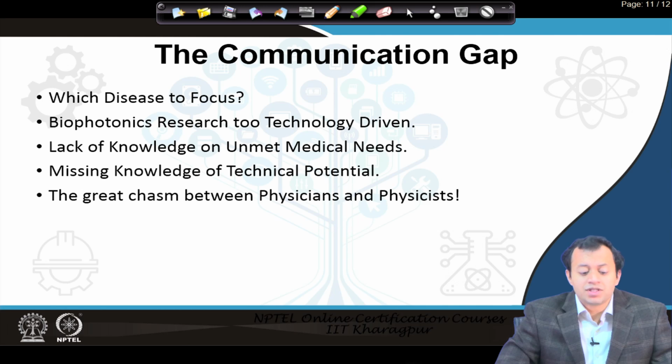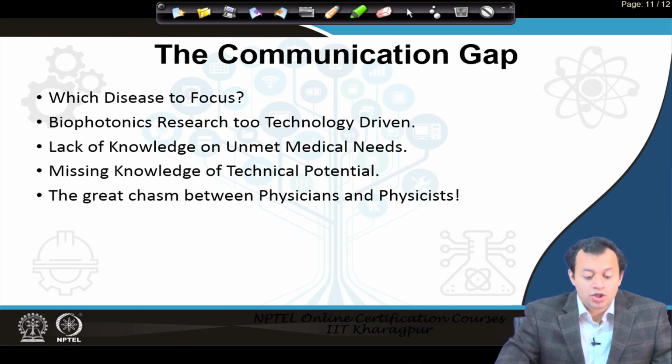Biophotonics research sometimes tends to get too much technology driven, where more than 4 or 5 people are required to analyze different aspects of it and then come to a conclusion, whereas easier and cheaper, though not so efficient methods are already available. So, cost or the overall circumstances prevents biophotonics technologies from taking over. It might be better, it might be more efficient, more accurate, but simply it is too much technology driven, too difficult for people to understand or to use, or require so many different skill sets that people simply give up.